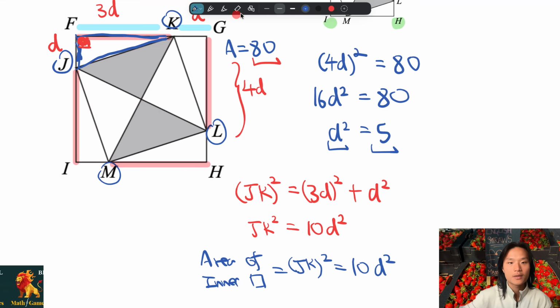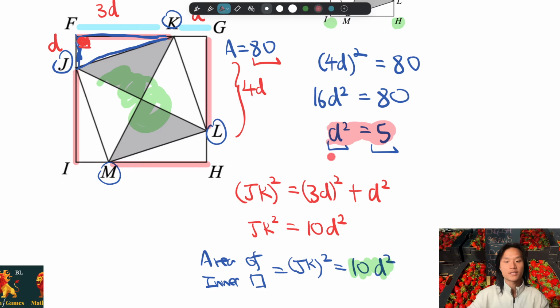So the area of all of this is just 10D squared, and we know that D squared is 5.